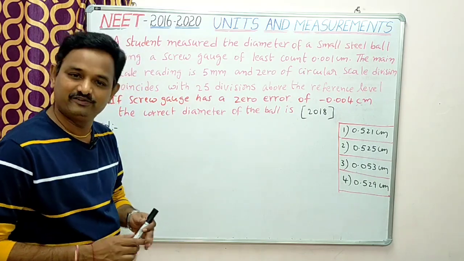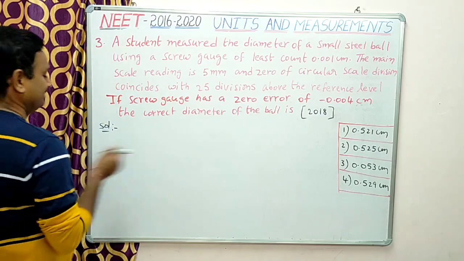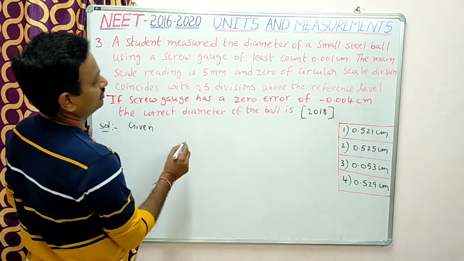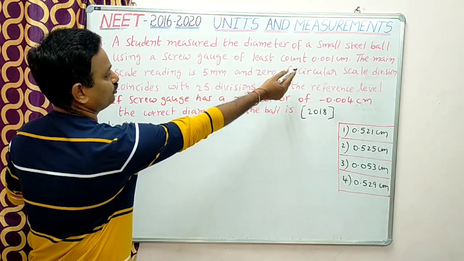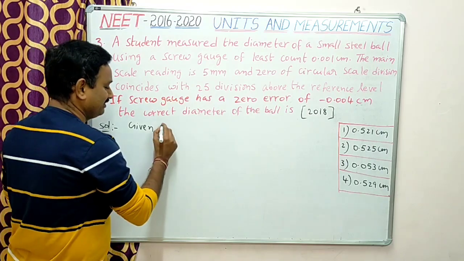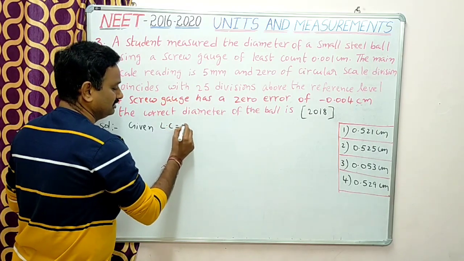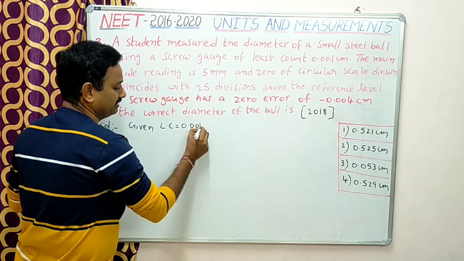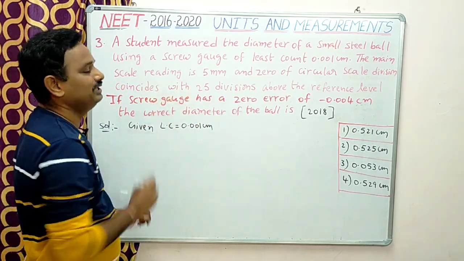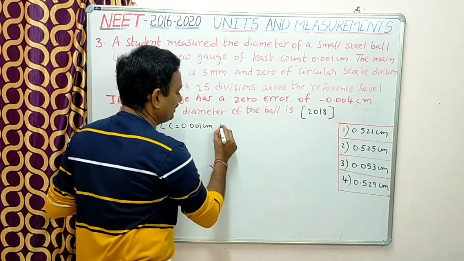First of all, we will write given data. Look at here. Given least count of screw gauge, that is 0.001 centimeter. Okay. Next, the main scale reading is 5 millimeter. That is MSR.